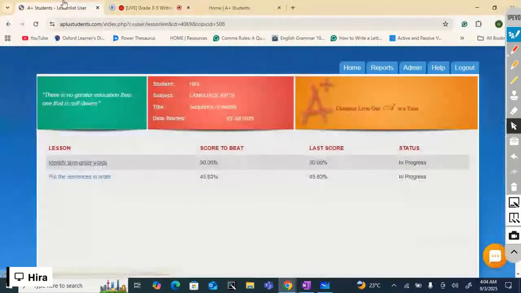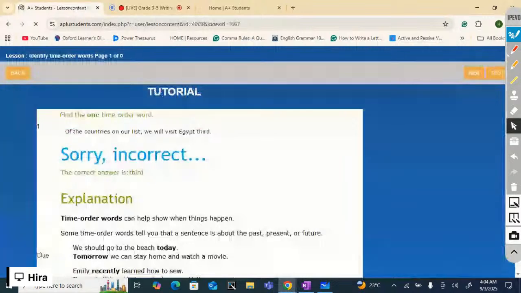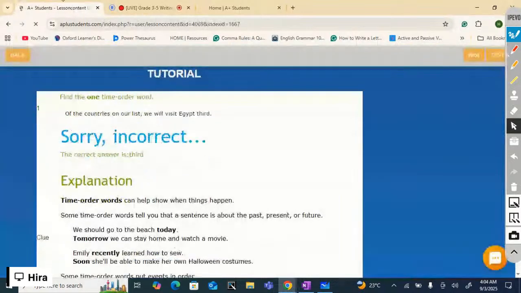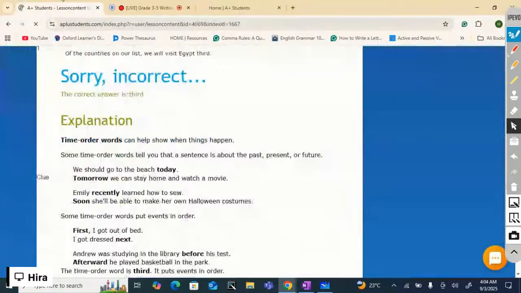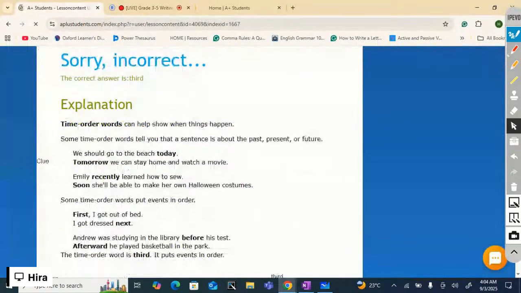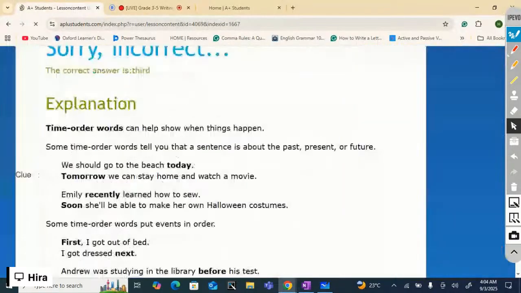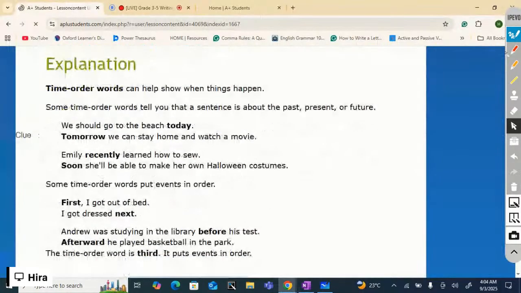Lesson number 1, identify time order words. Time order words can help show when things happen.